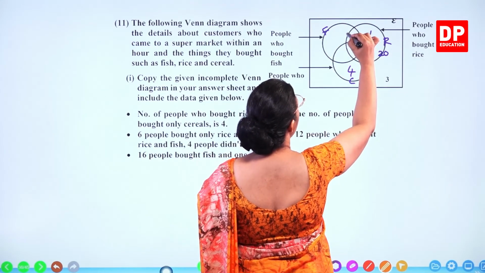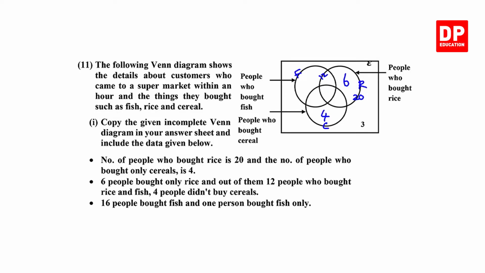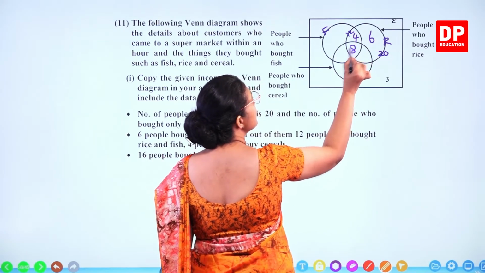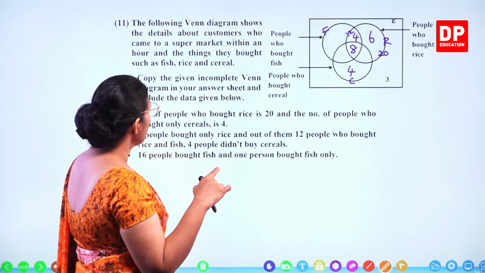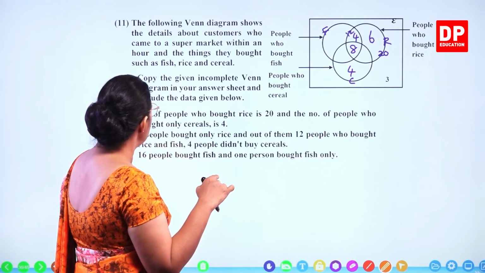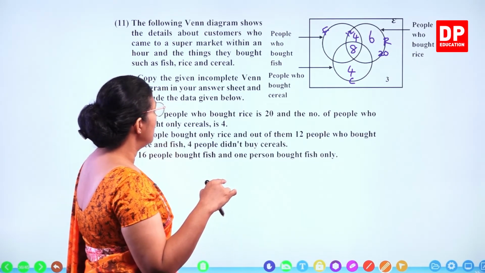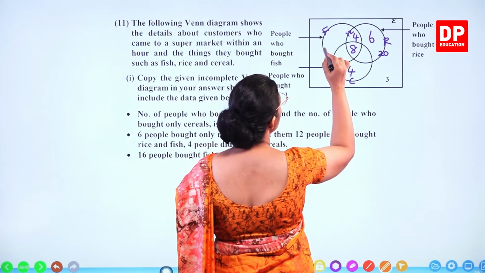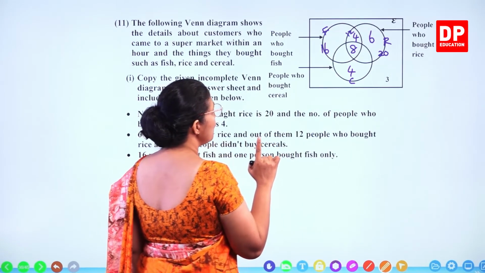So 12 people bought rice and fish, 4 people didn't buy cereal. So that means this is 4 and this is 8. 12 is the total. Then 16 people bought fish, that means 16, and one person bought fish only.